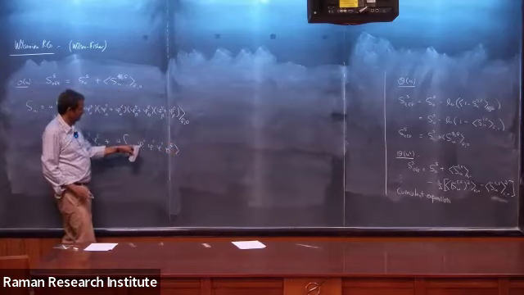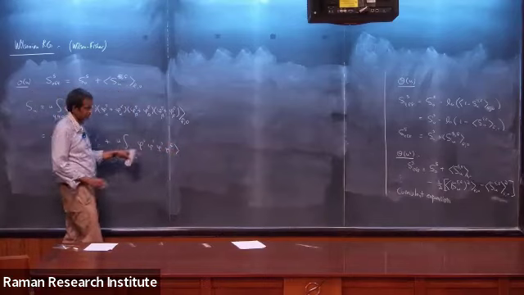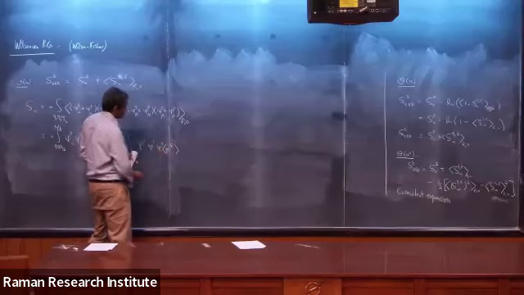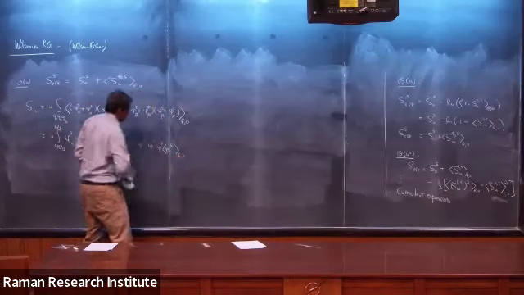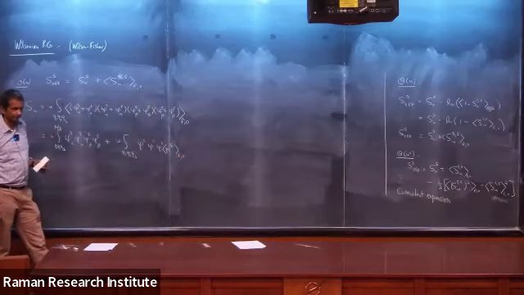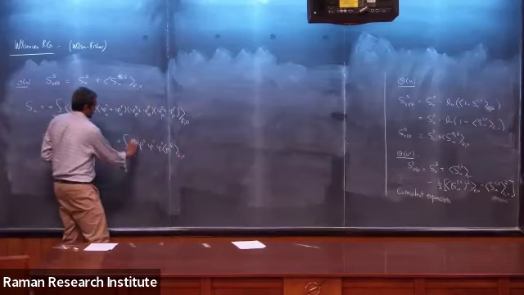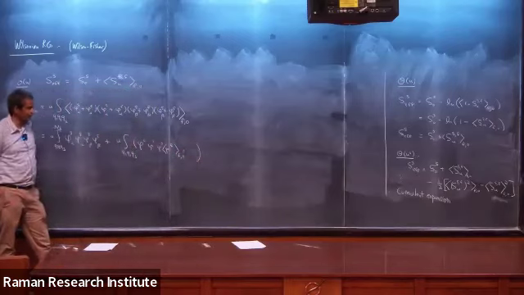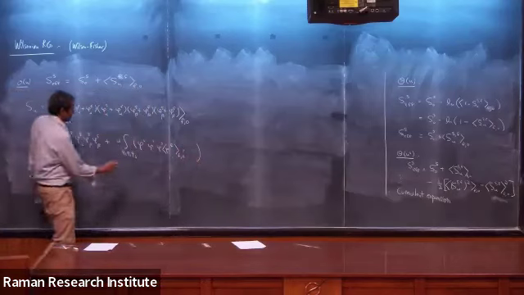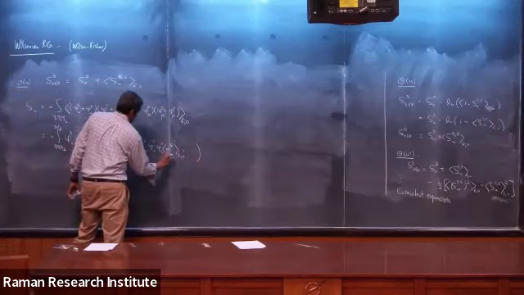Then the averaging doesn't act on these, so the averaging only acts on this one. And there are many terms of this sort, so this is just a schematic way; I've just written one of them.